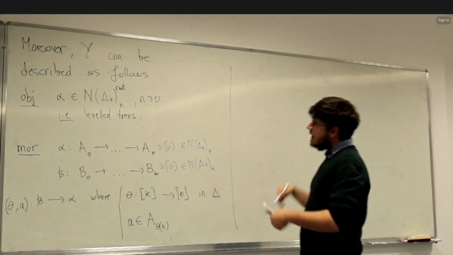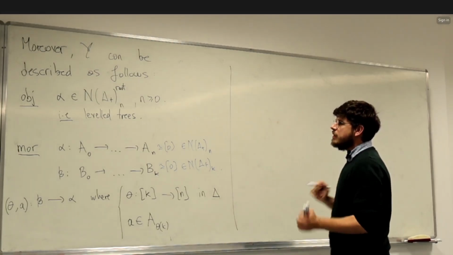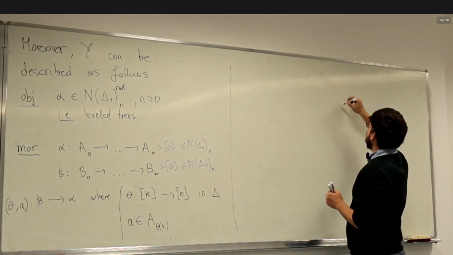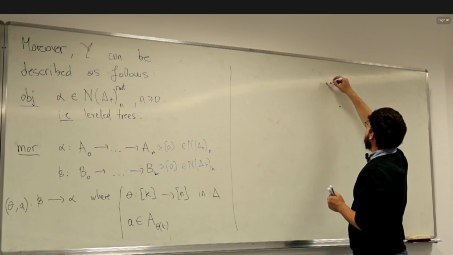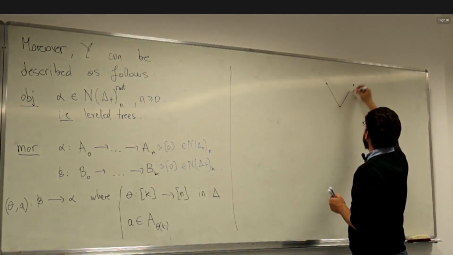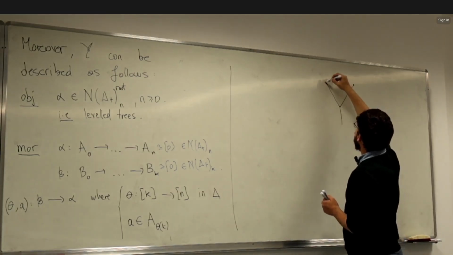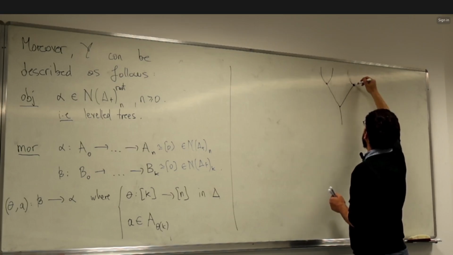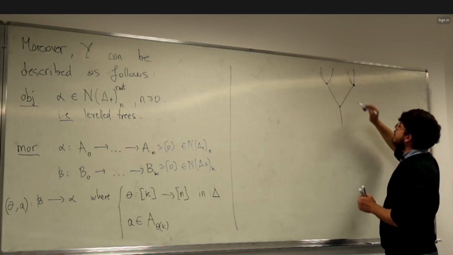Now, in pictures, what is this? Okay, so let's do an example. So say I have alpha being our running example. Put one here for consistency.